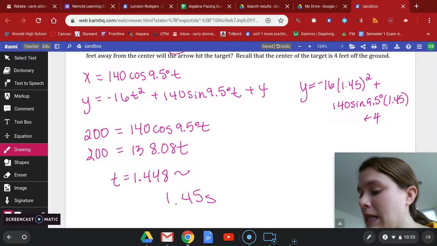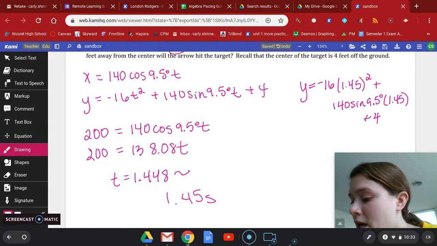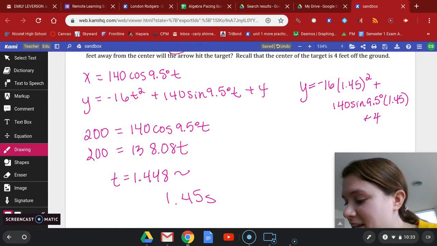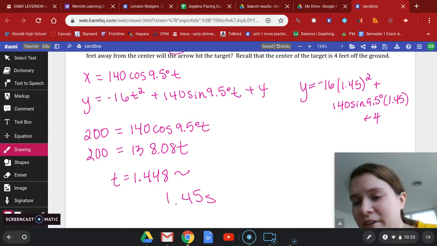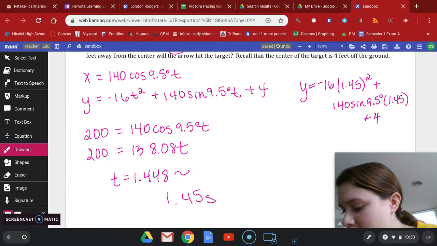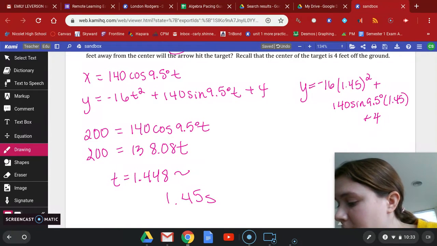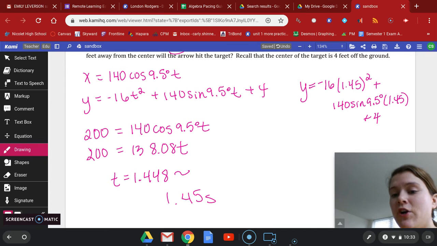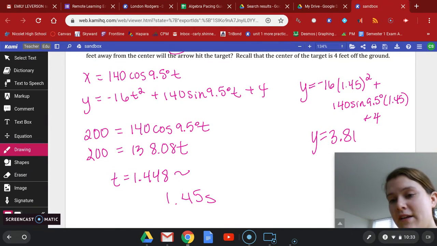Sorry, my handwriting's a little messy on here, but with practice, I bet it will get better. So I'm just going to type this into my calculator. 140 sine of 9.5 times 1.45 plus 4. And I get a vertical height of 3.86.